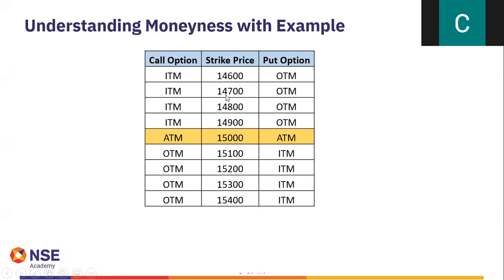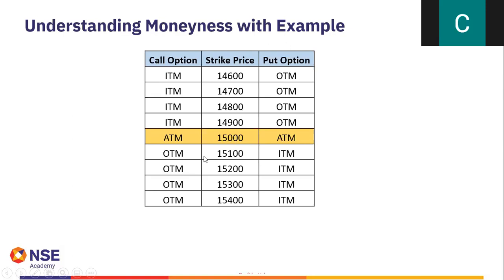Same way, 14,700 strike. This strike is also lower than spot, so this is ITM. All these strike prices are lesser than the spot price, so these contracts when executed will lead to positive cash flow. I will buy at 14,800 and sell it in the market at 15,000 because a call option has the right to buy at this particular determined price.